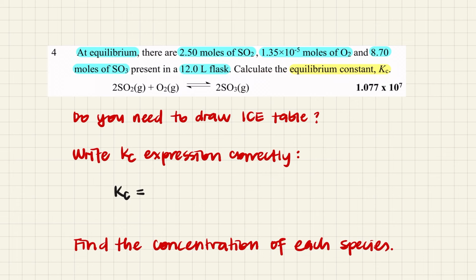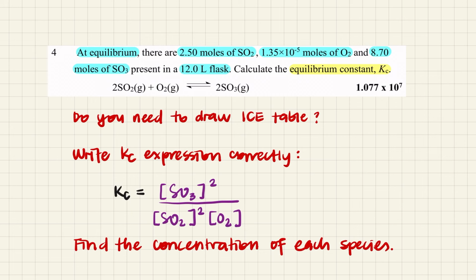So your equilibrium constant Kc, that means your expression will be at equilibrium, because this is K. Okay, so we take out the Kc expression first. So you will have SO3 to the power of 2 over SO2 to the power of 2 and oxygen gas.